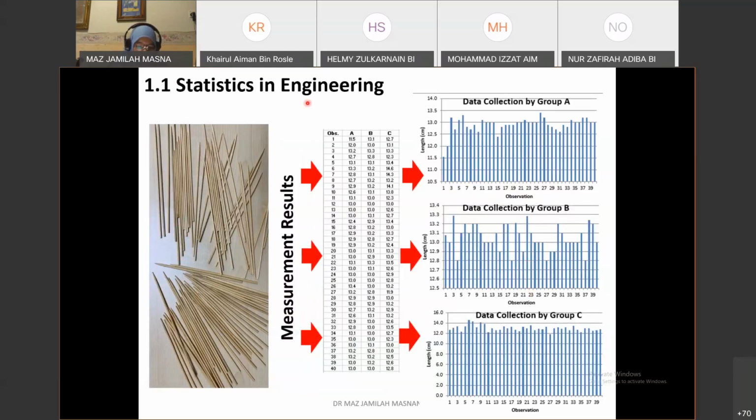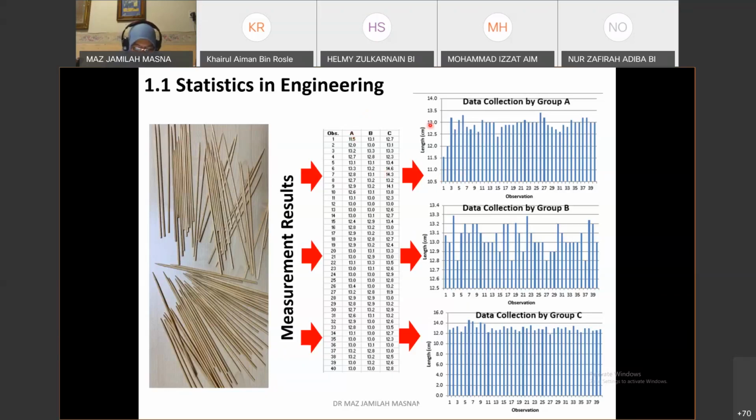So we have group A, group B, and group C. If we look at this particular table, we can't see much, right? We can't see any significant differences between the data. So I put the data in terms of a bar chart.